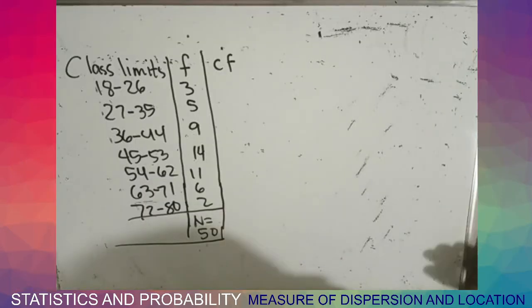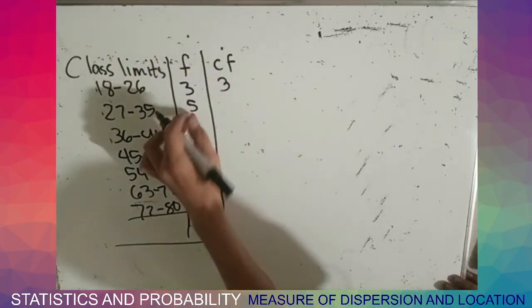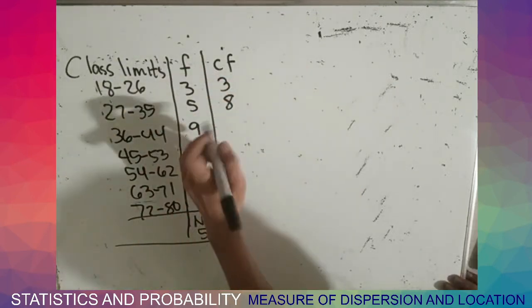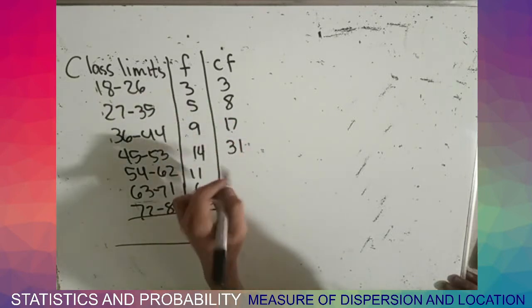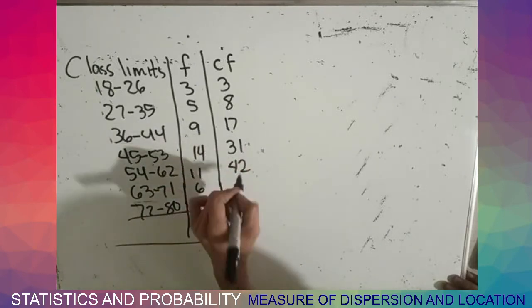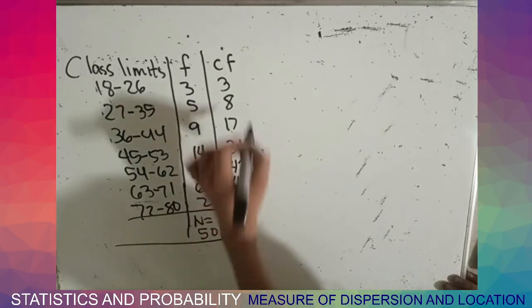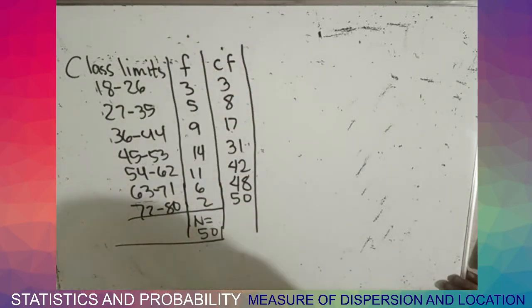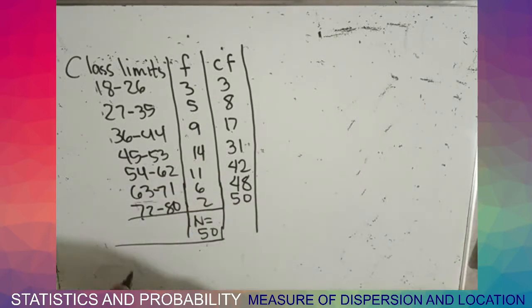Okay. So CF naman, ganun pa rin naman: 3 plus 5 is 8, plus 9, 17, plus 14 is 31, plus 11 is 42, plus 6 is 48, plus 2 is 50. So nakuha na natin. Ang kukunin natin is si decile or D sub K rank value.